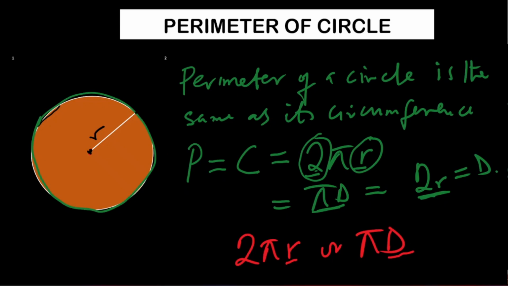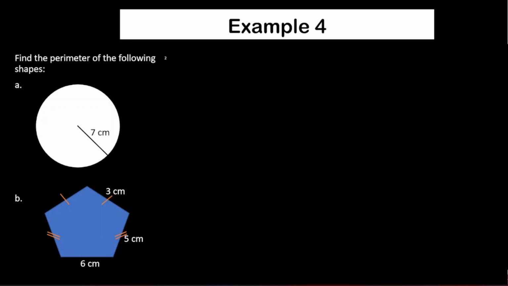So we now look at the example that covers this aspect. Find the perimeter of the following shapes. You are given this, you want to find the perimeter of this shape. So what are you going to do? This is very simple, very straightforward. The radius is given. To solve this for A, the formula is circumference of a circle, same thing as perimeter, is equal to 2 pi r.